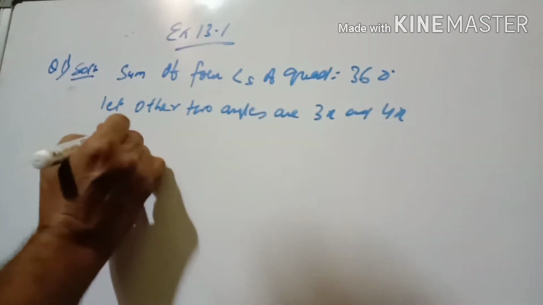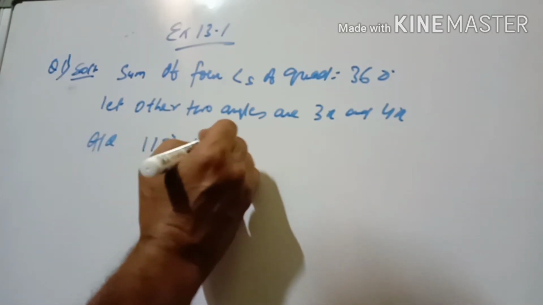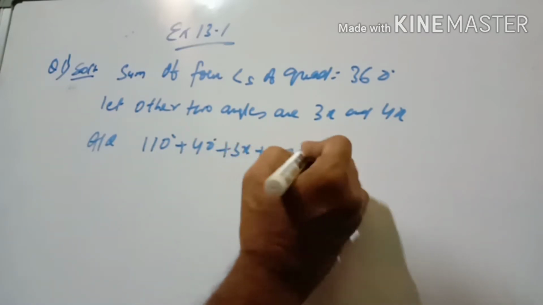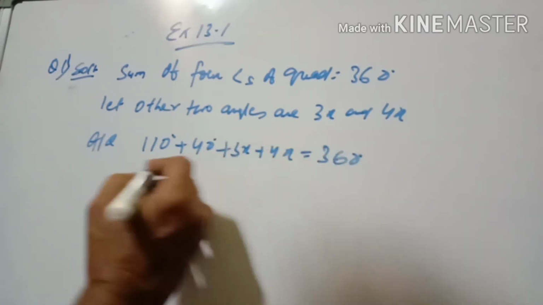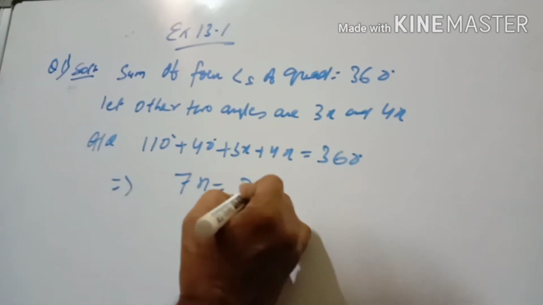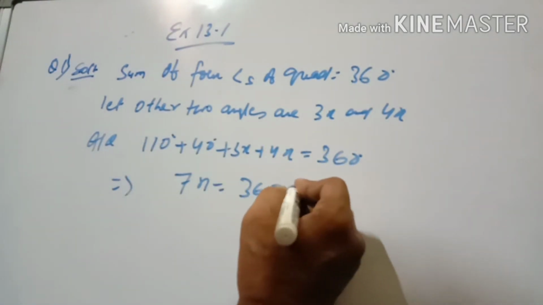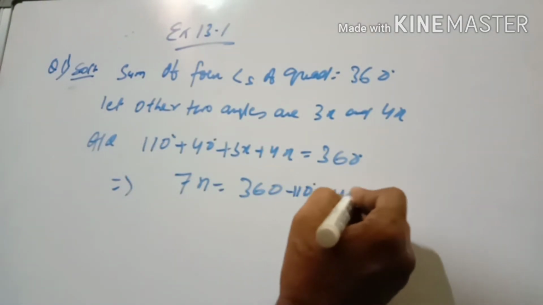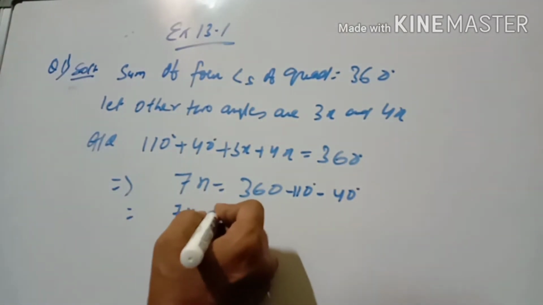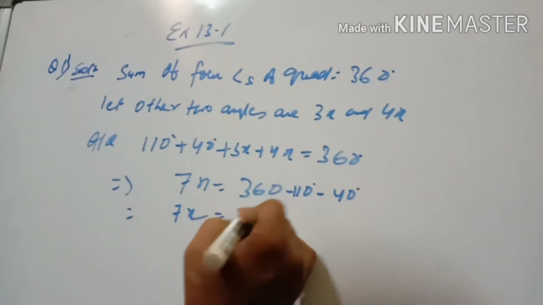Now according to the question, two angles are given, so 110 plus 40 degrees plus 3x plus 4x equals 360 degrees. Therefore 7x equals 360 minus 110 degrees minus 40 degrees. Therefore 7x equals 210 degrees.